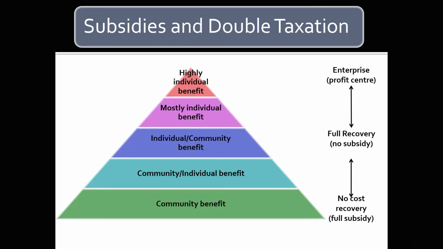And this is actually a nice diagram for how often subsidies are looked at. So this cost recovery model illustrates 5 levels of benefits, from community benefit to complete individual benefit. The more of a community benefit a service has, the more it will be subsidized with tax dollars.